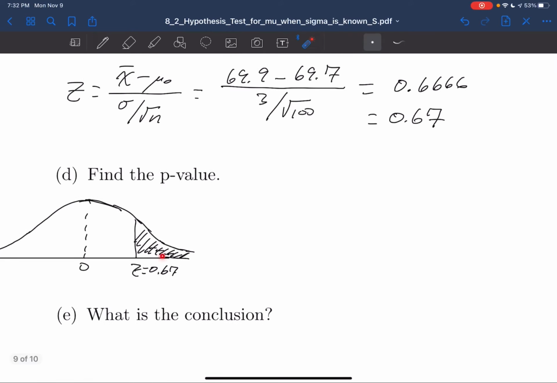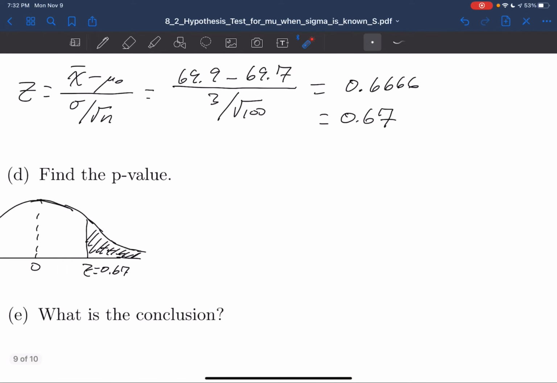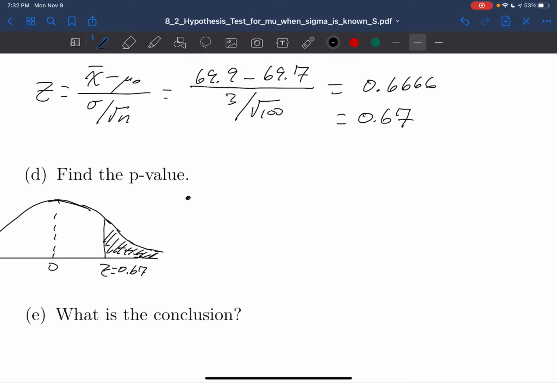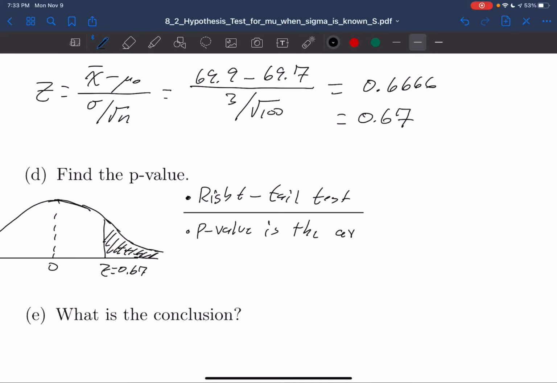You want to find this area. So let me just write this down. Since this is a right tail test, our p-value is the area to the right of our test statistic z.